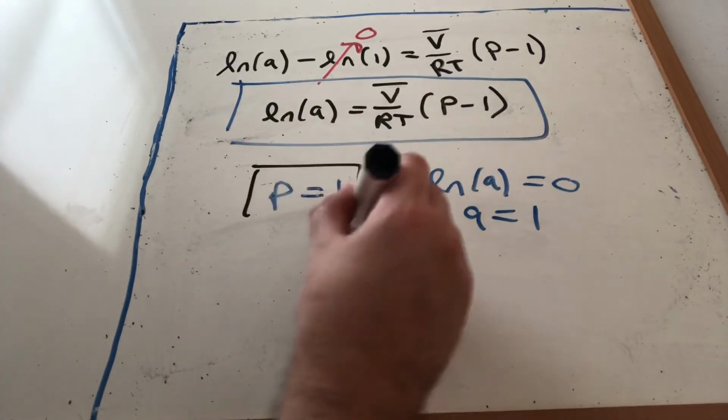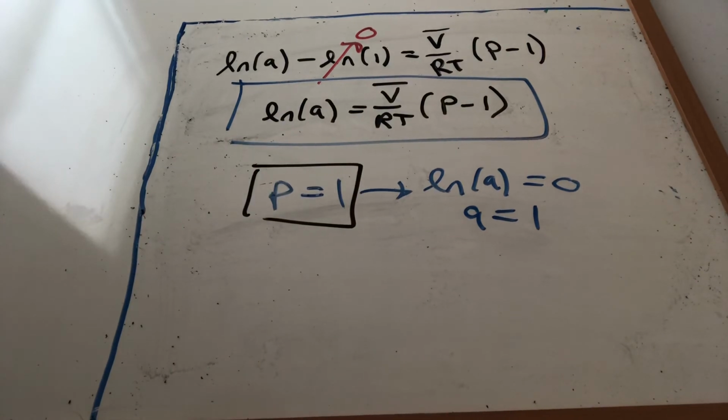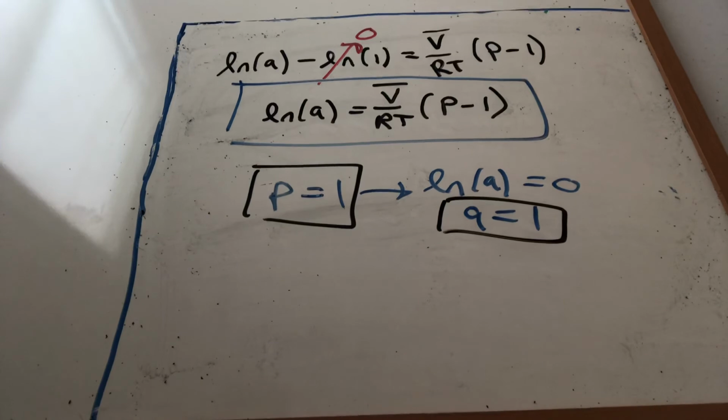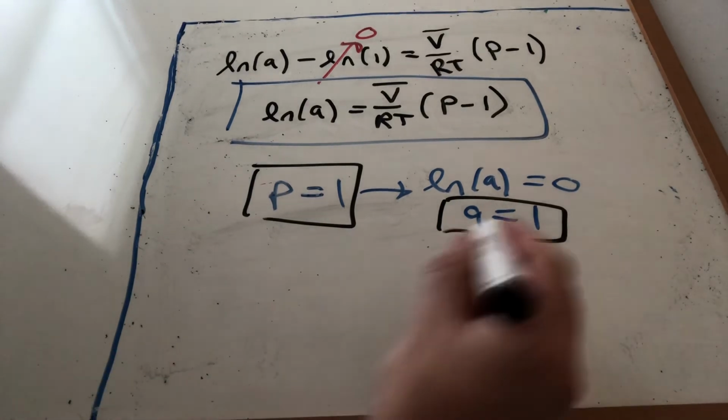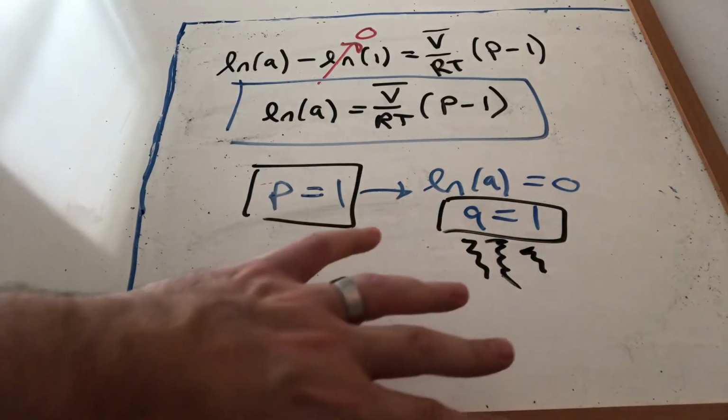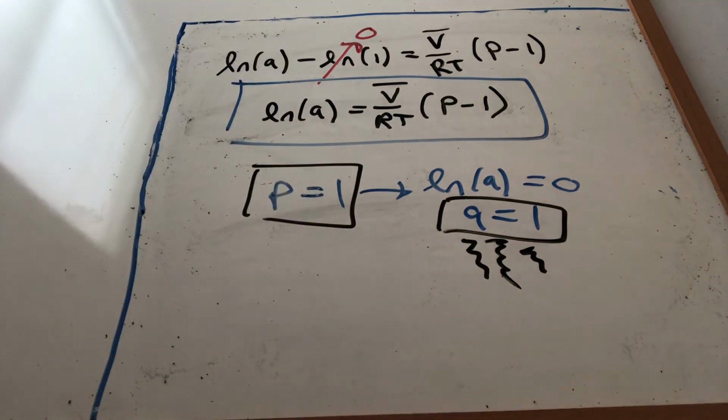So if I'm at 1 bar of pressure, outside pressure, my activity is 1. And what are we trying to prove here? We're trying to prove that for solids and liquids, it's a good approximation to say under most experimental situations, the activity is 1. Well, for sure at 1 bar, the activity is 1.